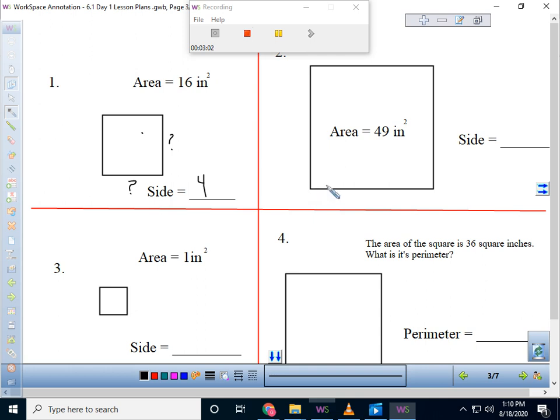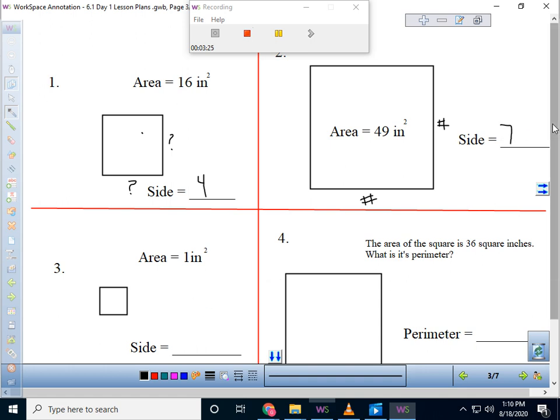Let's try this one right here. If you know the area of this square is 49, what is the side length going to have to be right here? I'll put a little number symbol here. And that same number right here, what number is that going to have to be in order to get 49? What number times itself is 49? Well, that is 7.